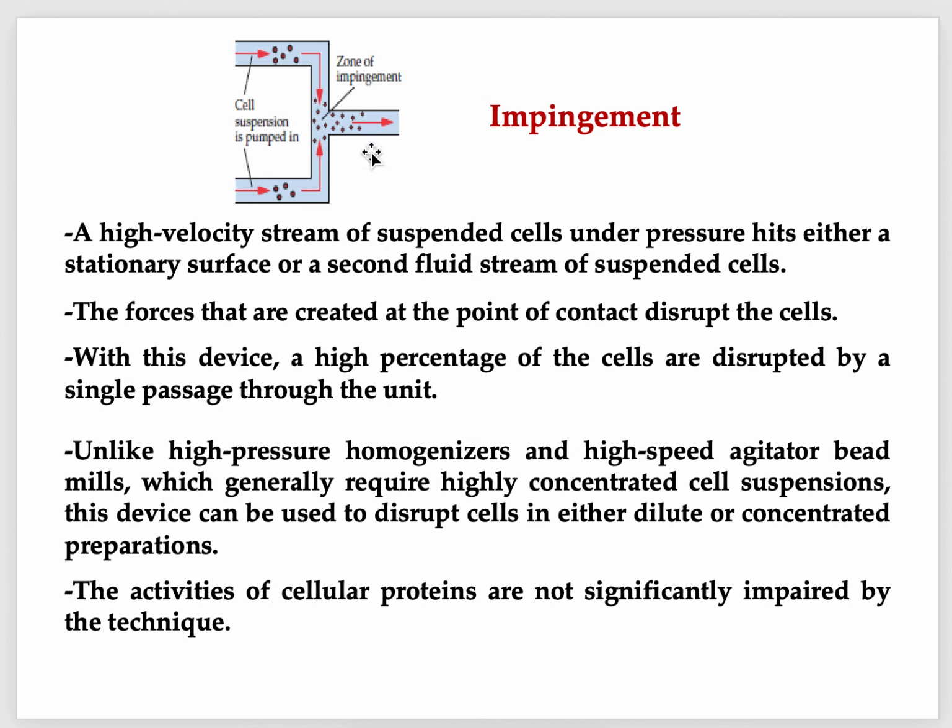But if we use the impingement method, either a highly concentrated or a diluted cell mass is okay. And the activities of cellular proteins are not significantly impaired by the technique, which means this technique is better for our target protein. So these were some mechanical processes by which we can disrupt the cells.